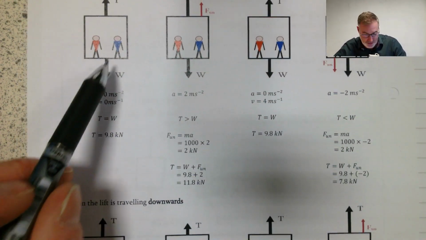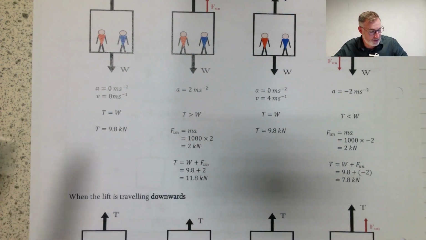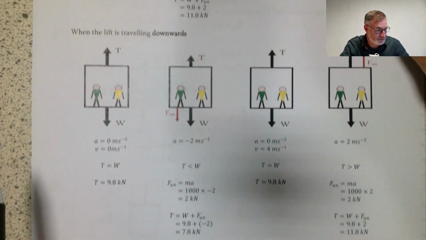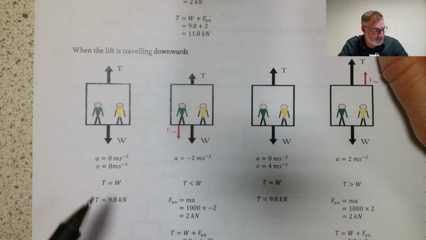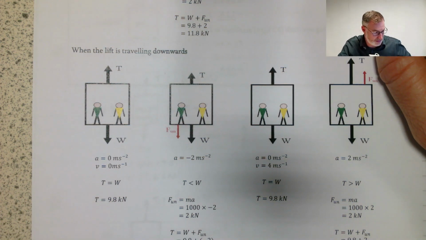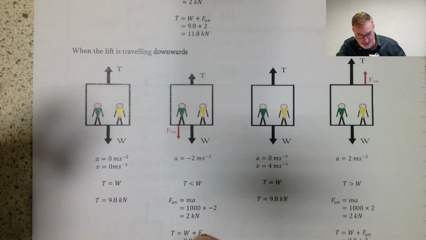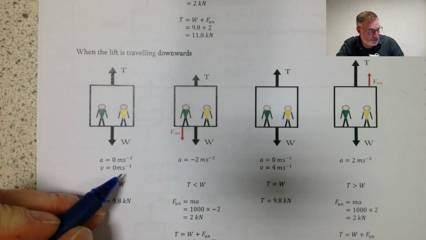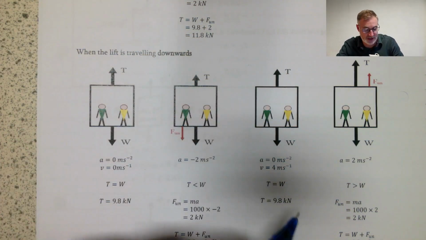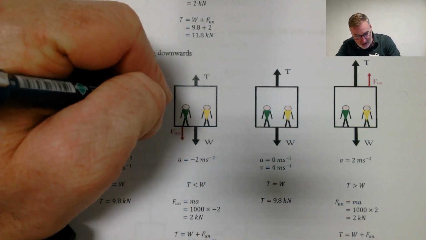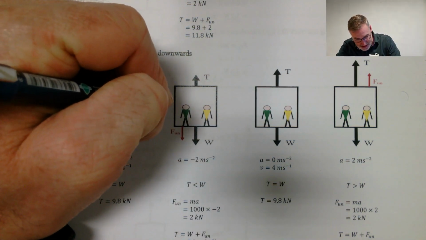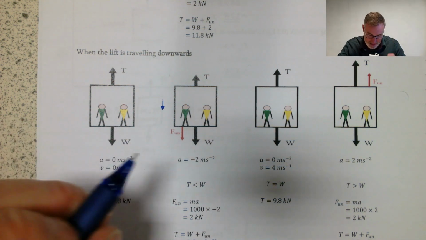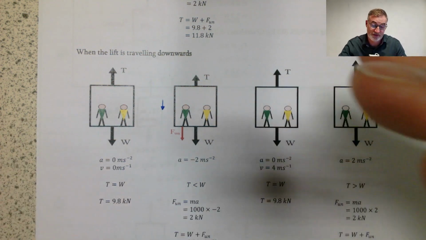Again, this is gone through in exactly the same way in all of these three scenarios here. When the lift is traveling downwards, we're going to have a similar scenario. So as it's stationary, forces are balanced. When it's moving at a constant speed, forces are balanced again. But as it starts to accelerate downwards, remember what the first thing I said is, you feel a bit lighter.